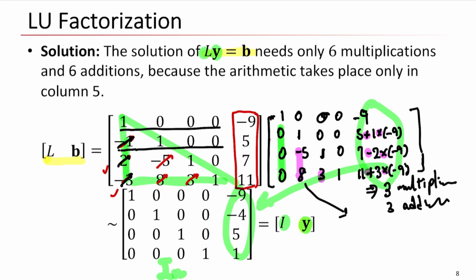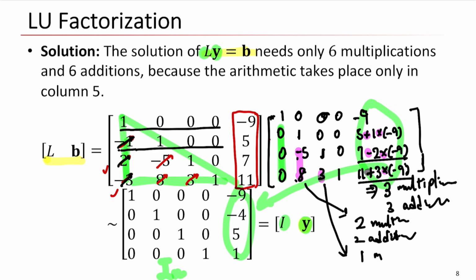There will be the 2 multiplication and 2 addition, right? Because to eliminate this one and this one, we only compute the new values here and here, right? Then what about this one?